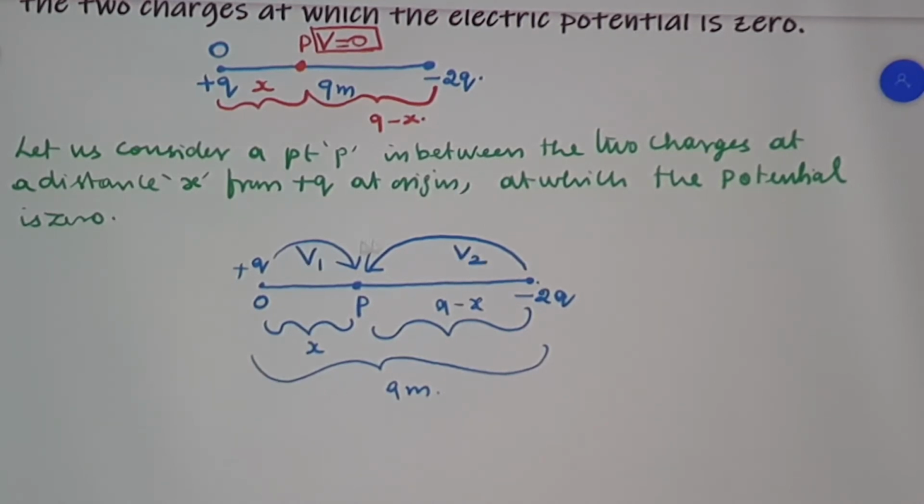The sum of these two potentials at this point is 0. Isn't it? At this point, V is equal to V1 plus V2, which should be equal to 0.